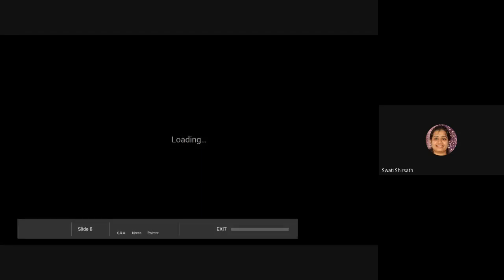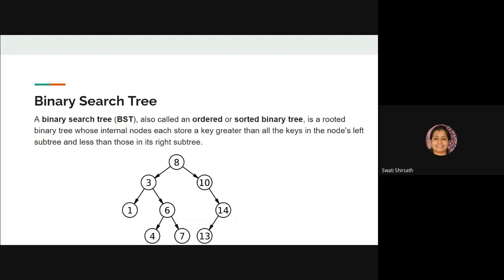Just a second. Okay, this tree is visible to everyone. Yes, ma'am. Please find in order, pre-order, and post-order of this tree. I'll also give you more, please.